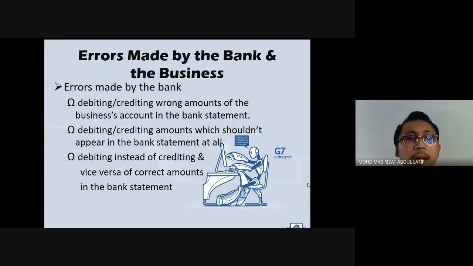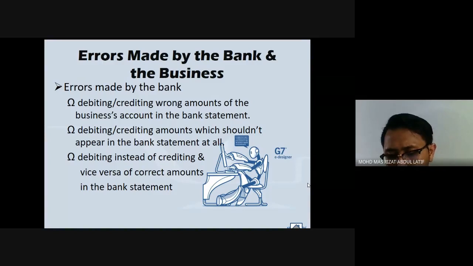Okay, itu yang pertama. Yang kedua, debiting or crediting amount which should not appear in the bank statement at all. Tak sepatutnya ada, tapi tiba-tiba ada dalam bank statement. Sometimes nama perniagaan kita mungkin hampir sama dengan perniagaan lain tapi tak serupa. Contohnya, katakanlah bank statement yang you nampak example 12.1 ni adalah milik perniagaan Salleh. Perniagaan you namanya perniagaan Salleh. So bank statement ni adalah bank statement perniagaan Salleh.